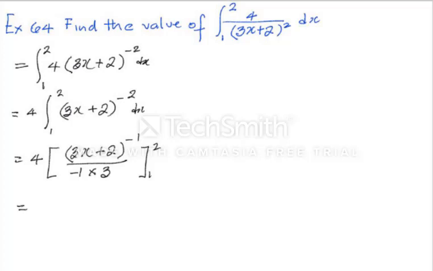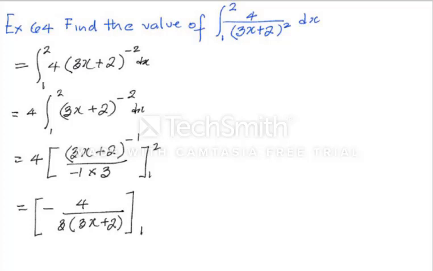So this becomes, let's get back the 4 on the inside. It's 4 and it's negative, and this down here becomes 3 into 3x plus 2. All right, and that comes straight from the laws of indices.